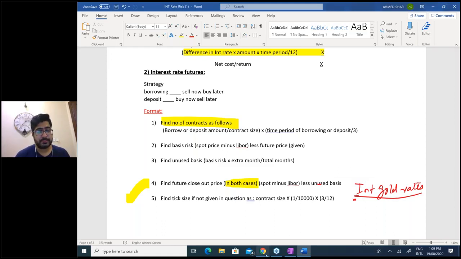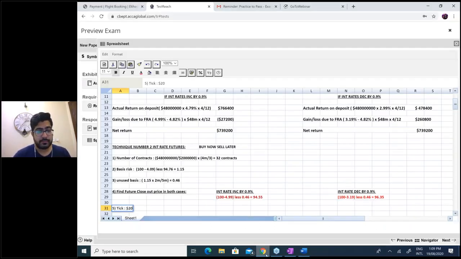Contract size is $2 million into 1 over 10,000 into 3 by 12, where we get the tick, which is the fluctuation lot: $50.